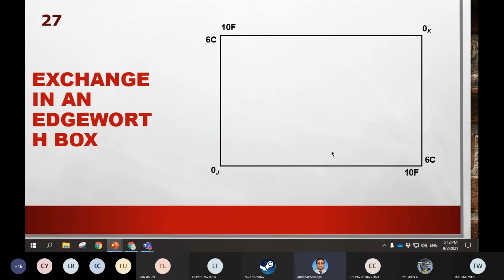Here is the explanation, I have shown you here. This is the box. This OJ will show James's clothing from here up until the top, 6. And here OJ will show James's food until 10 food.